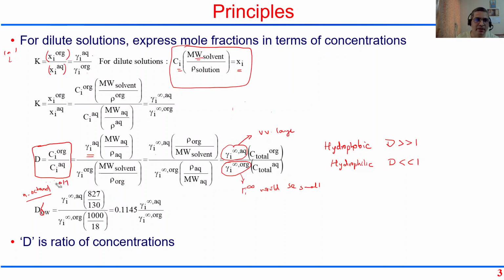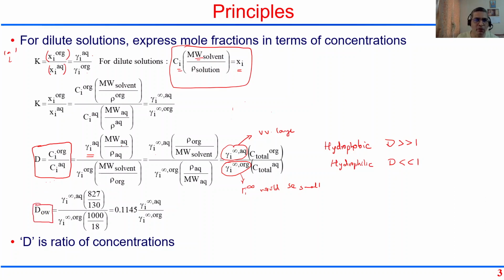We find the distribution coefficient of this solute P in octanol and water, and it is called the octanol-water partition coefficient, or the distribution coefficient between octanol and water, and it is denoted as DOW, right?